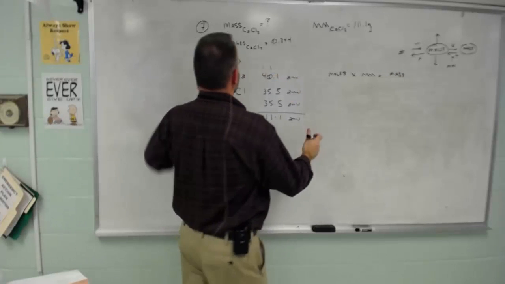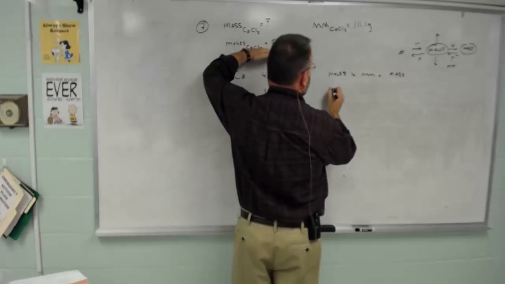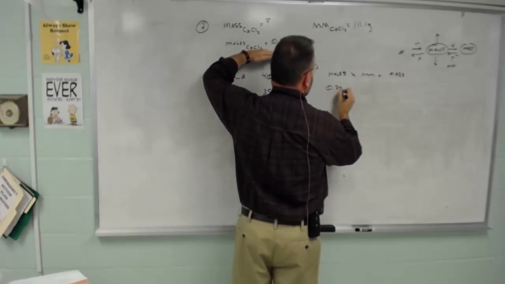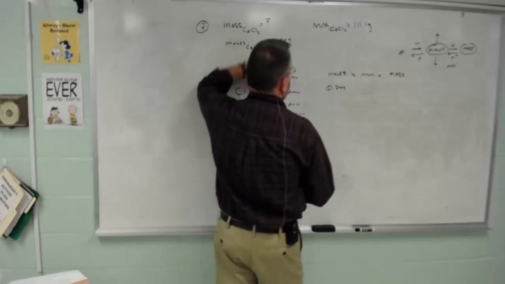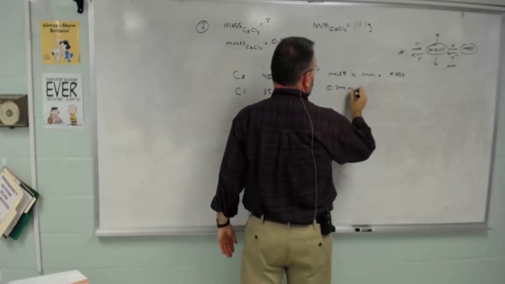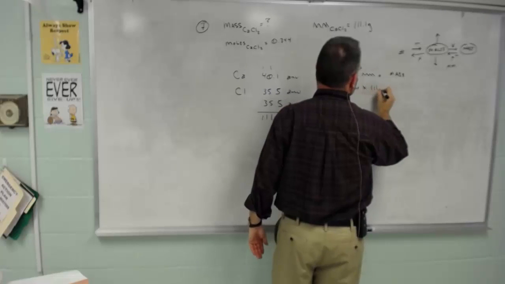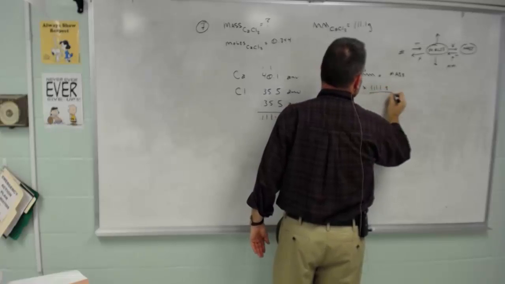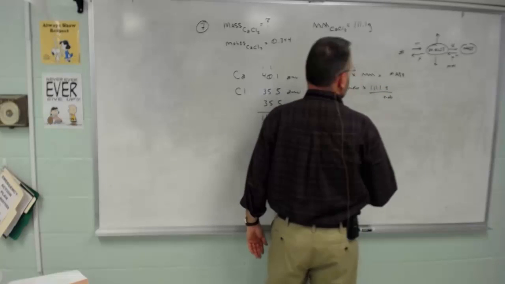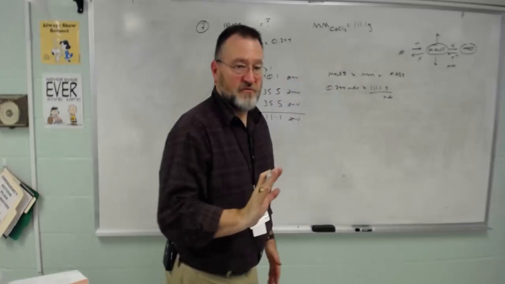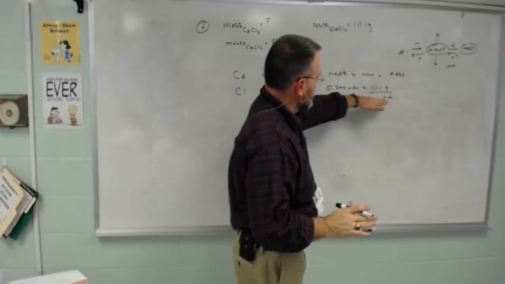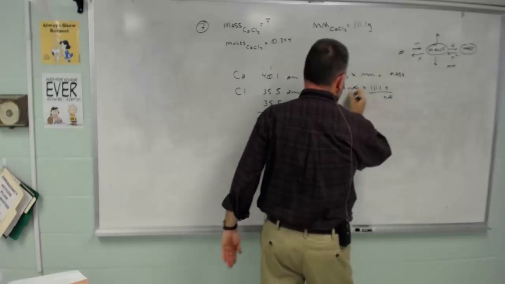The number of moles, I've been given 0.344 moles, multiplying that by 111.1 grams per mole. Check my units real quick. I have moles over here, and I've got moles divided by moles. They cancel.